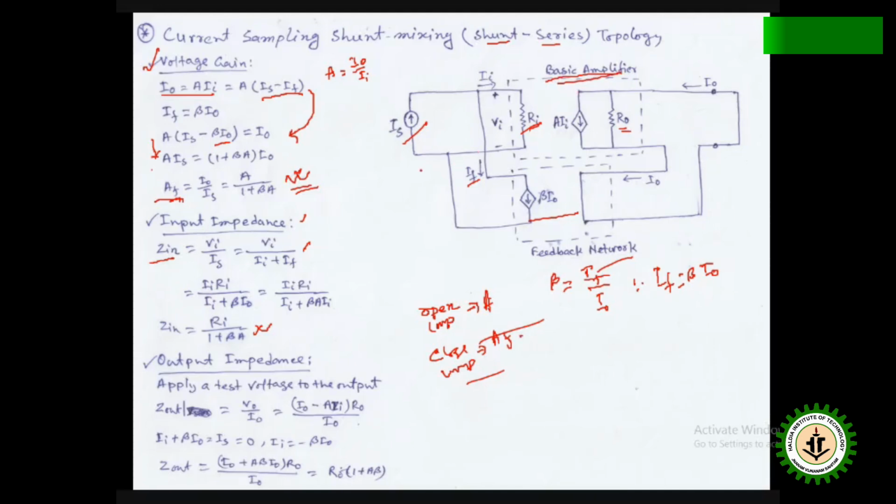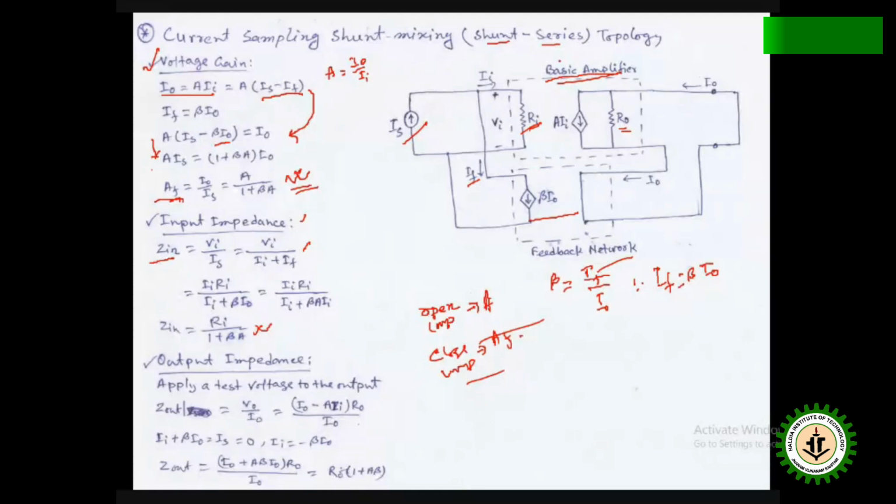So now we find out the input impedance and output impedance of the feedback amplifier whole circuit. We see here the input impedance of the feedback amplifier is nothing but Ri by 1 plus beta A. That means Ri is divided by a factor, that means it is reduced. So in case of the feedback amplifier, the input impedance is reduced compared to the basic amplifier.